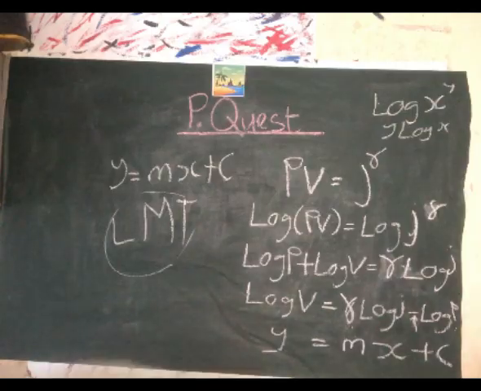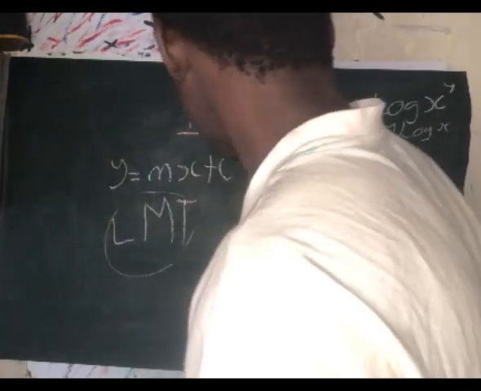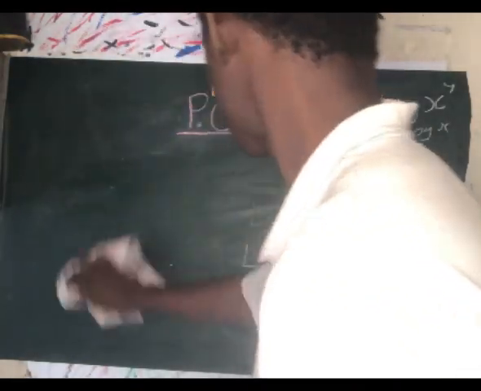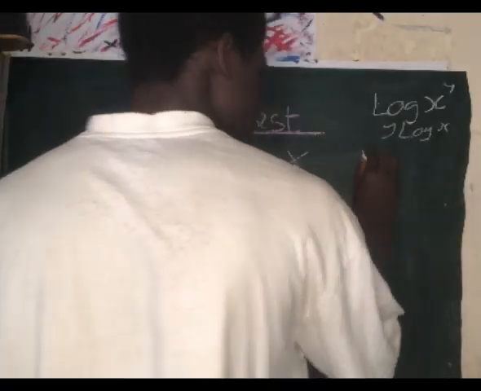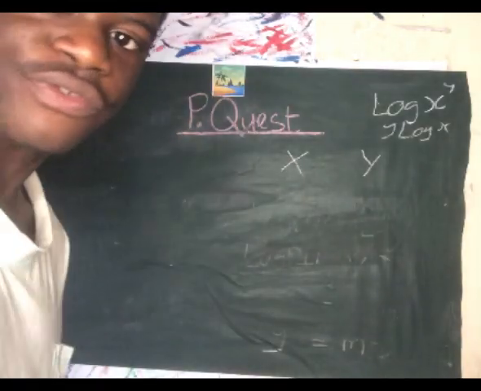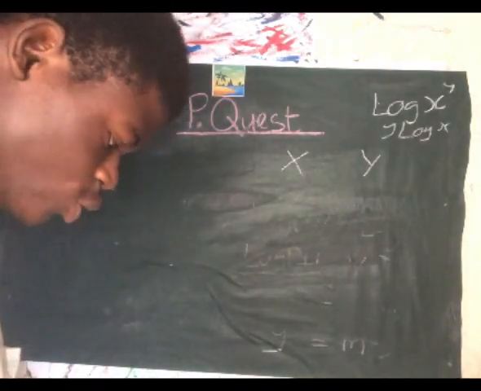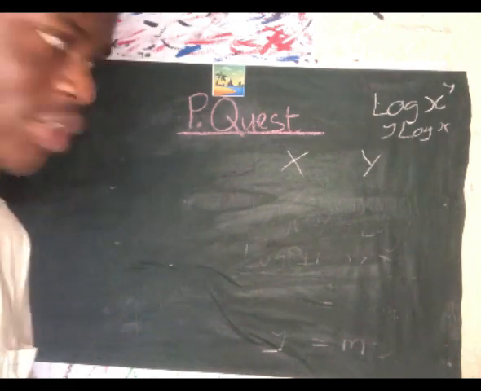So question number 4. Question number 4 says if x and y have different dimensions, which of the following operations is or are possible?